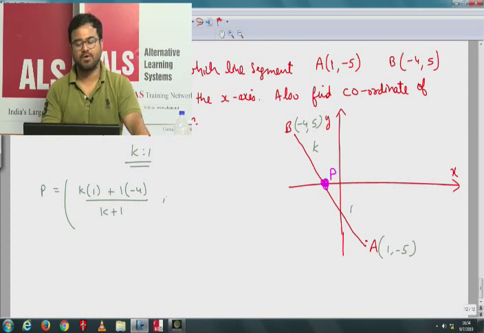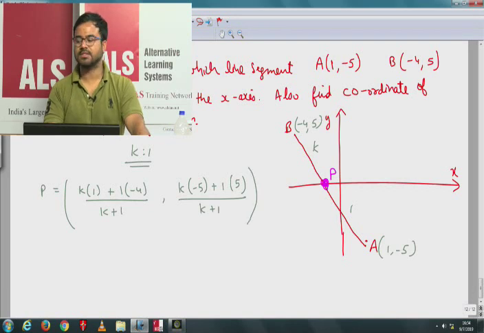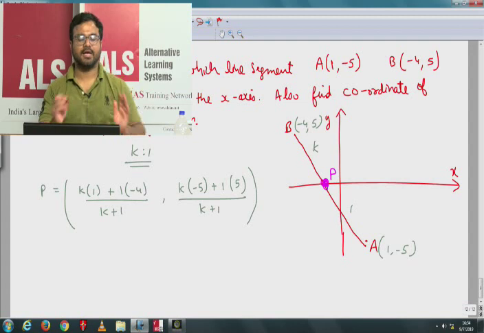Similarly, for y coordinate of point P, k multiply by the right side y value, which is minus 5, plus 1 multiply by left side y value, which is 5, over k plus 1. So this is the coordinates of P, the x coordinate and y coordinate.